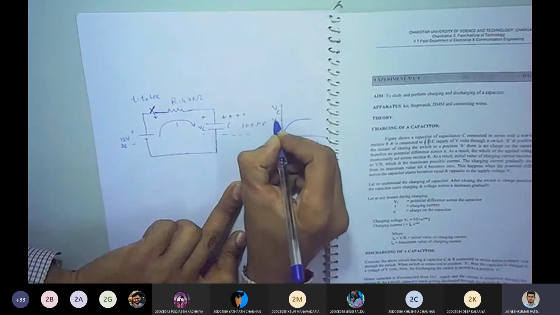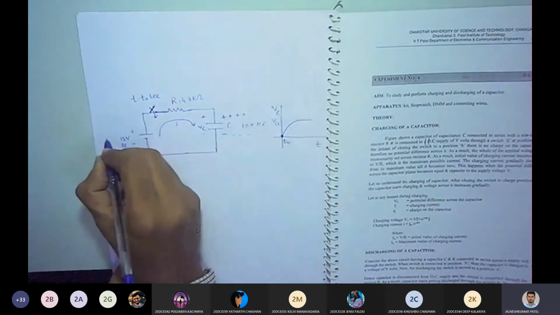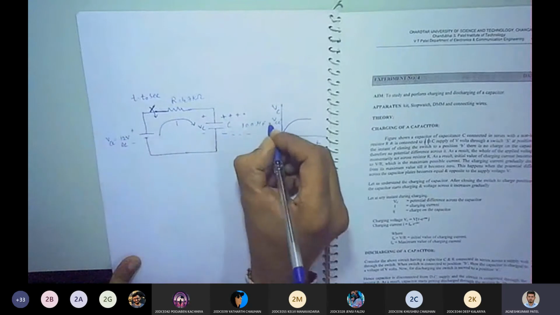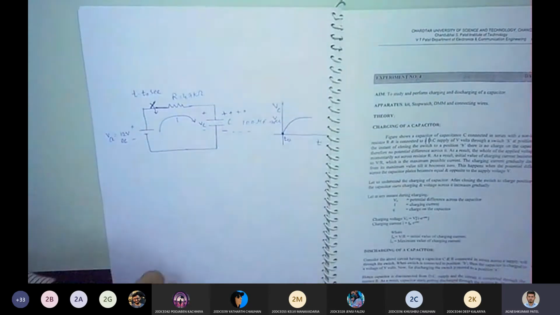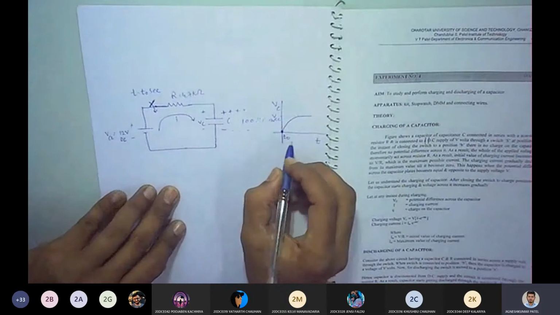This is my VCC, which is nothing but this battery voltage, 12 volt. As time increases, it tries to reach the supply of 12 volt. So this is the curve.